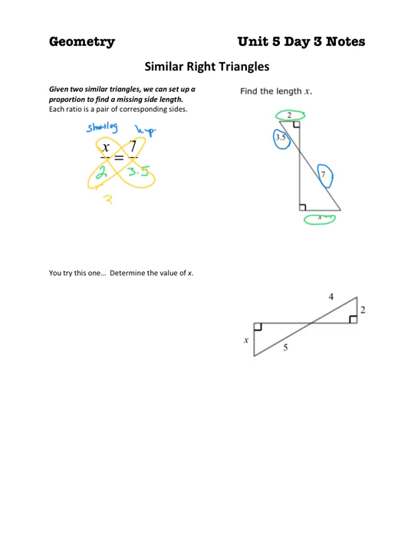You end up with 3.5x equals 14, divide 14 by 3.5, and x equals 4.